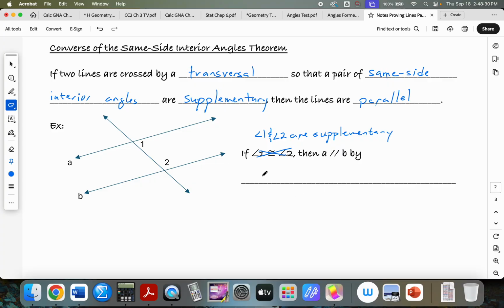Then line A is parallel to line B by the converse of the same side interior angles theorem.